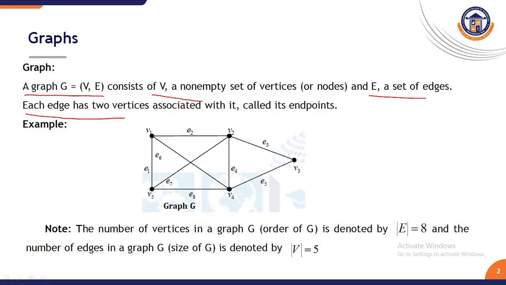Each edge has two vertices associated with it, called endpoints. The order of G is defined by the number of vertices involved in that graph, and the size of a graph is defined by the number of edges occurred in that graph.